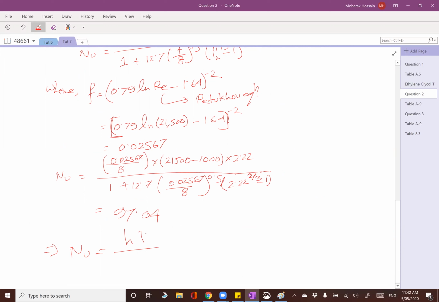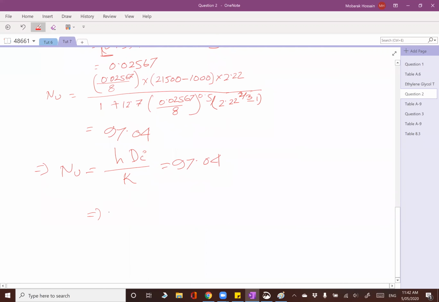Now from the Nusselt number we can calculate the convection coefficient. It will be 97.04 times the thermal conductivity, which is 0.67, over the inner diameter, 0.025. So we get 2601 watt per meter square Kelvin.